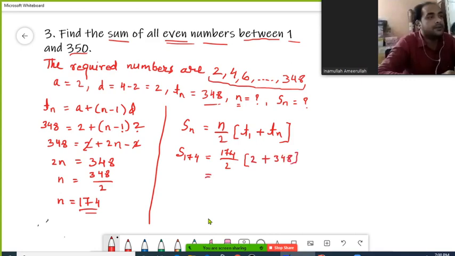Now 2 8s are 16, 2 7s are 14, that is 87, into 348 plus 2, so this will give me 350. So when we multiply 350 with 87, I'll get the sum of all the terms.